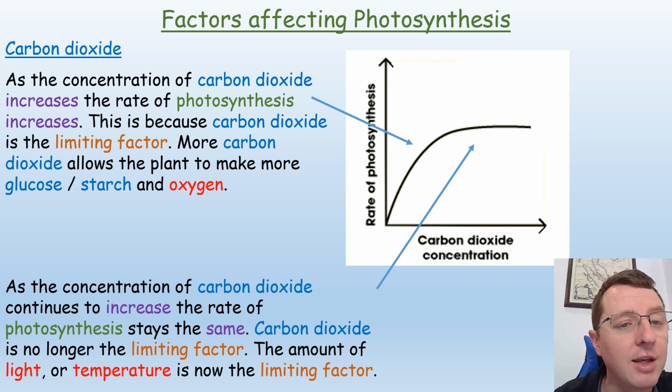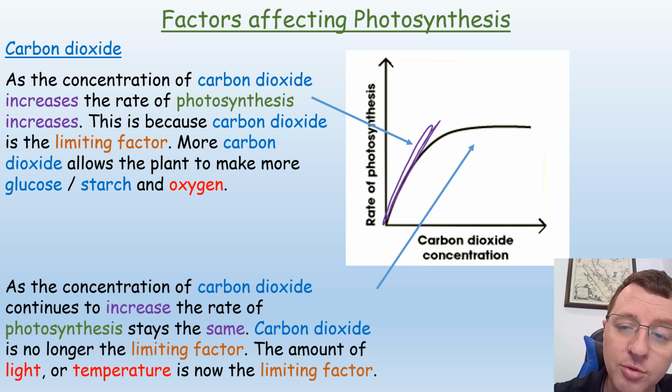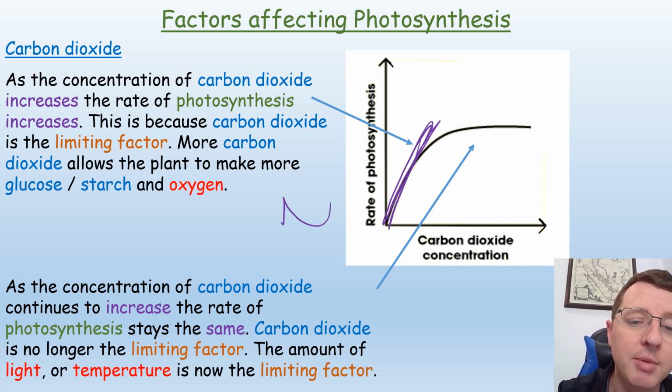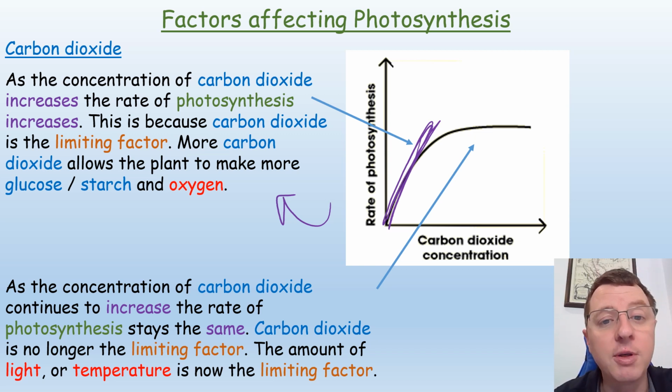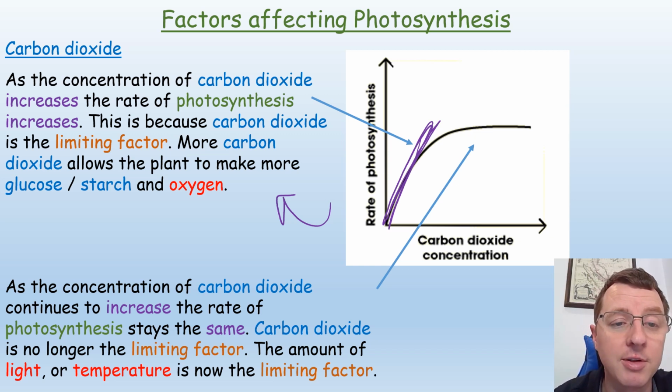Now when we investigate carbon dioxide and how carbon dioxide affects the rate of photosynthesis, we end up with a very similar graph. Again, it's in two sections, 1 and 2. So if we take this first section here, we can explain and describe it thus. As the concentration of carbon dioxide increases, the rate of photosynthesis increases, and this is because carbon dioxide is the limiting factor.